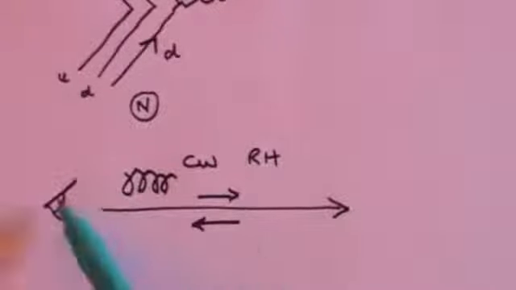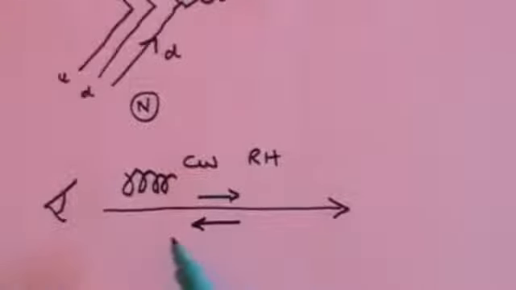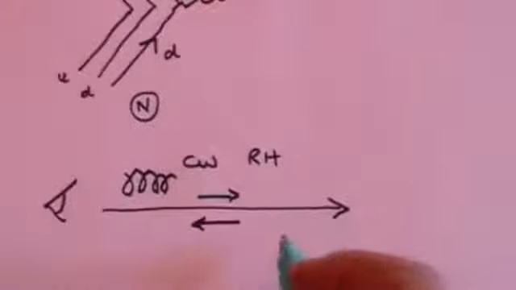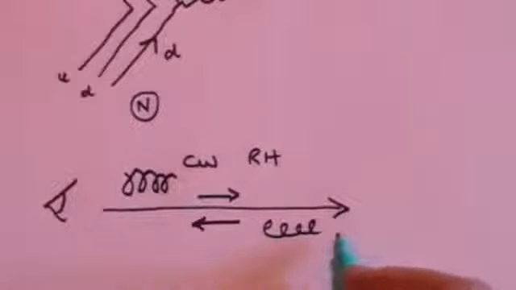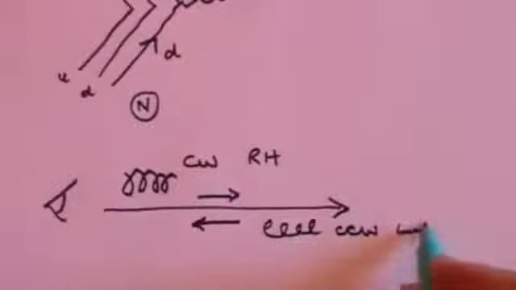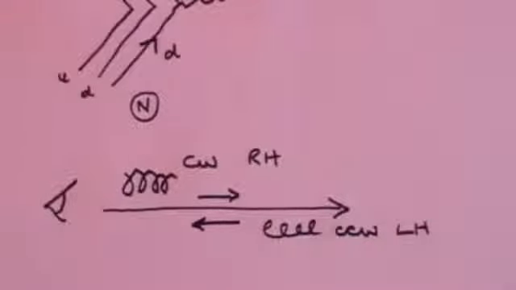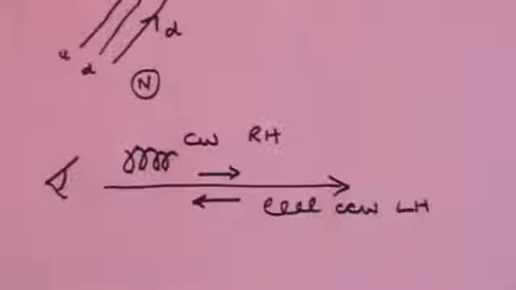On the other hand, if we're viewing from here an electron whose spin is down, then that will appear to be anti-clockwise or counterclockwise, and we could call that left-handed. So in a sense, all you're doing is calling it right-handed or left-handed depending on whether the spin is measured as up in the direction of travel or down in the direction of travel.